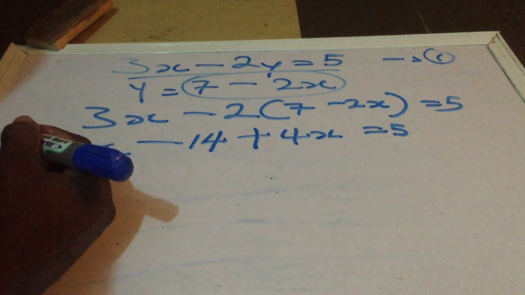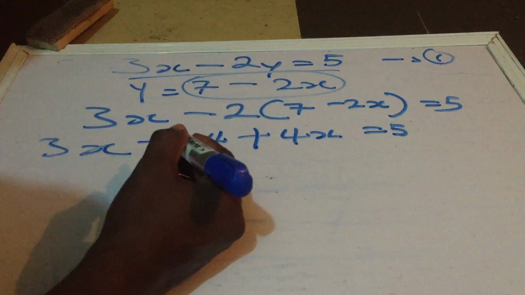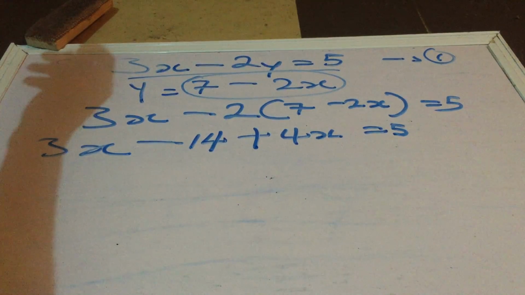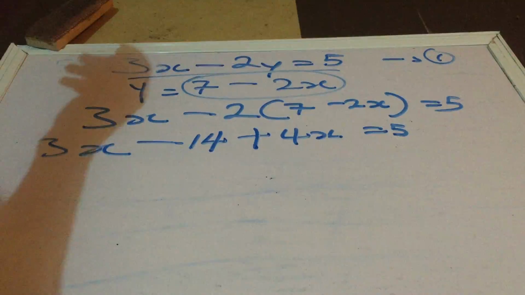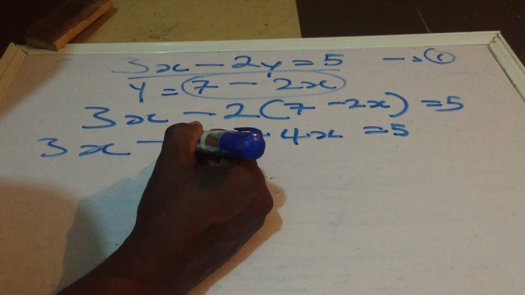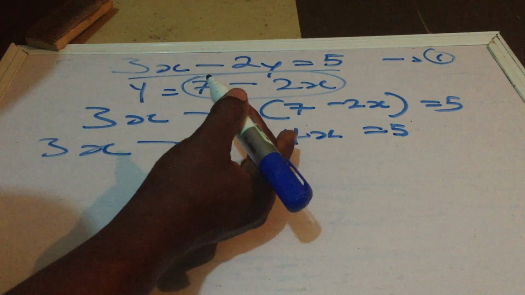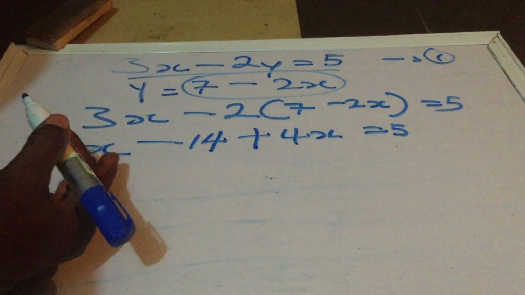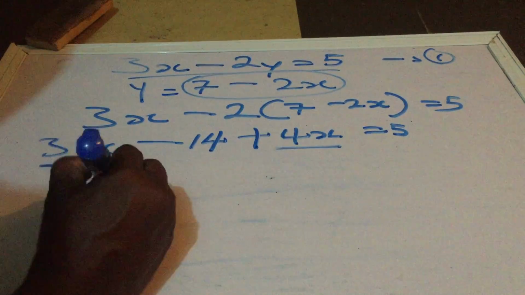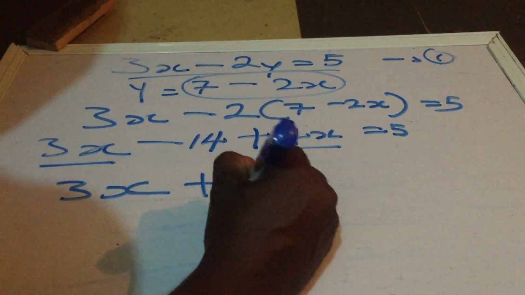After this, we follow BODMAS as well. We solve it by bringing together the terms that resemble each other. 4x resembles 3x, so we bring them together: 3x plus 4x.